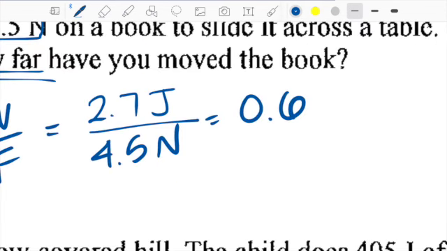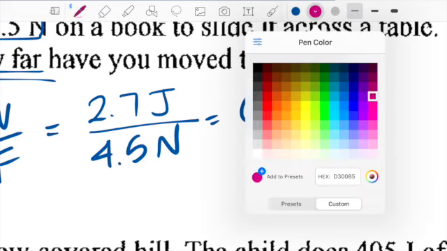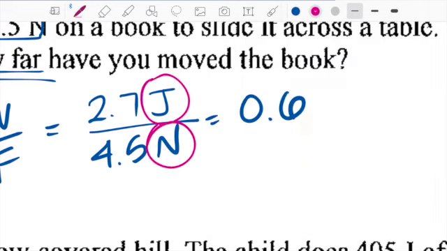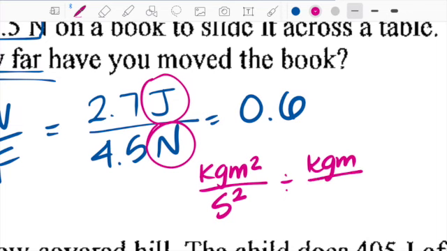0.6. Now remember I said that you needed to know the difference between joules and newtons, here is where we are using it. We already know that joules is kilogram meters squared over seconds squared, and we are dividing it by newtons, which is kilogram meters over seconds squared.